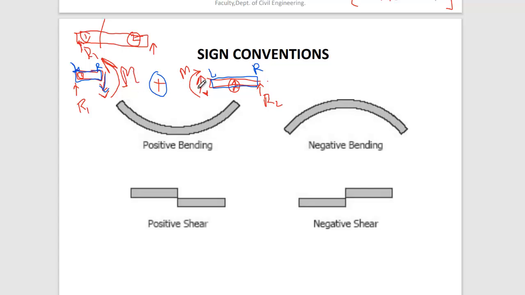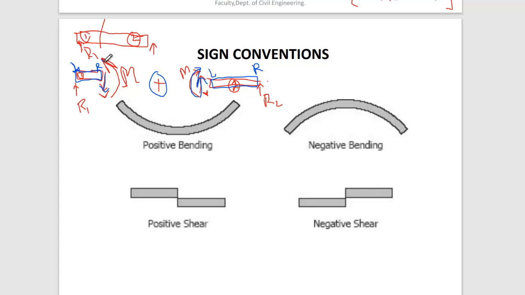Similarly, on the left portion, if the shear force is upward and the moment is clockwise, we also call the sign positive.